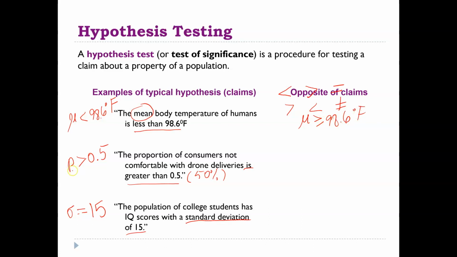In the statement p greater than 0.5, the opposite statement will be p is less than or equal to 0.5. The population of college students has IQ scores with a standard deviation equal to 15. What is the opposite of equal? Well, that would be not equal to. So sigma is not equal to 15.